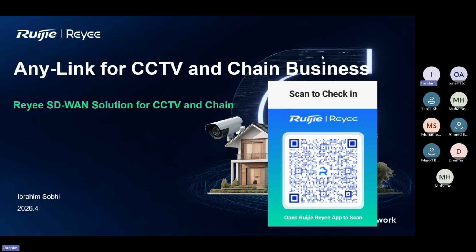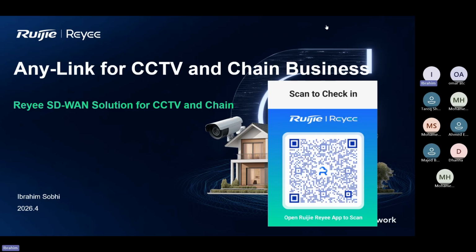Just in the first, as usual, I just like to confirm that everyone joined here to scan the QR code. Scan the QR code from the Ruijie application. For those who scan the QR code from the Ruijie application, after that we will have like 3 demo projects.